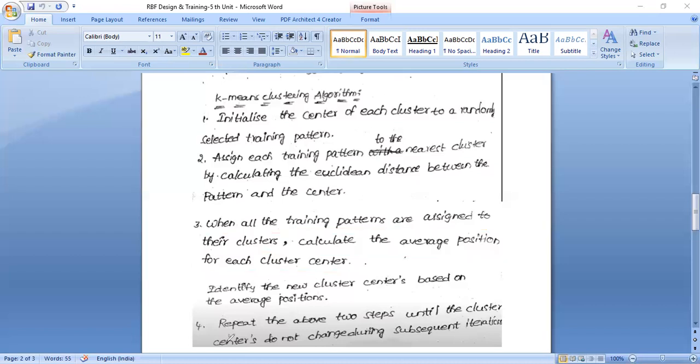And coming to the fourth step: repeat the above two steps until the cluster centroids do not change during subsequent iterations. What we have to do? We have to repeat the second step and third step until the cluster centers do not change during subsequent iterations.